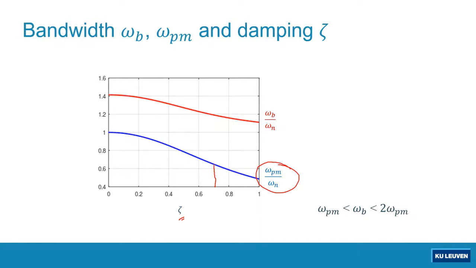And this will lead to the requirement of the ratio between phase margin frequency and omega n of about 0.64.